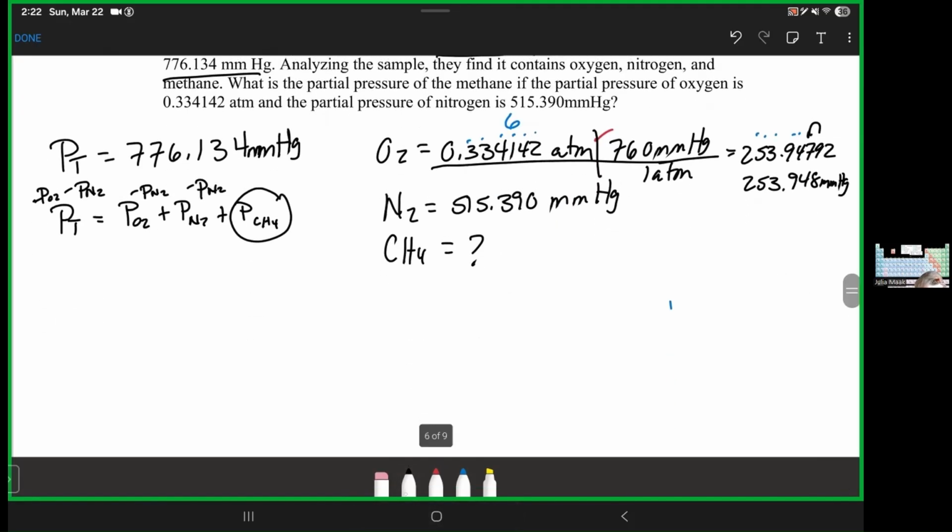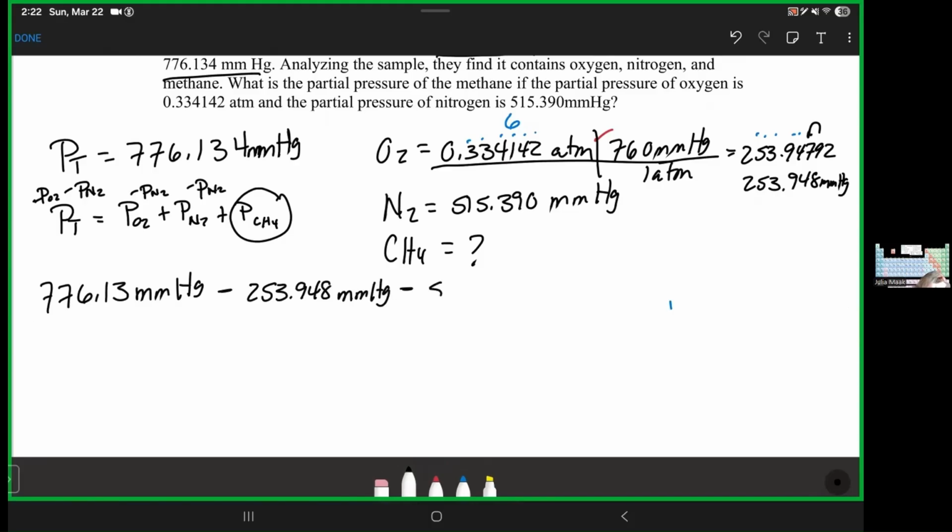Okay, so now to do this math, our total pressure, they told us, was 776.13 millimeters of mercury. And we're going to subtract off, I'll do it like I wrote it up here, our pressure of oxygen, which was 253.948 millimeters of mercury, minus my nitrogen, 515.390 millimeters of mercury.